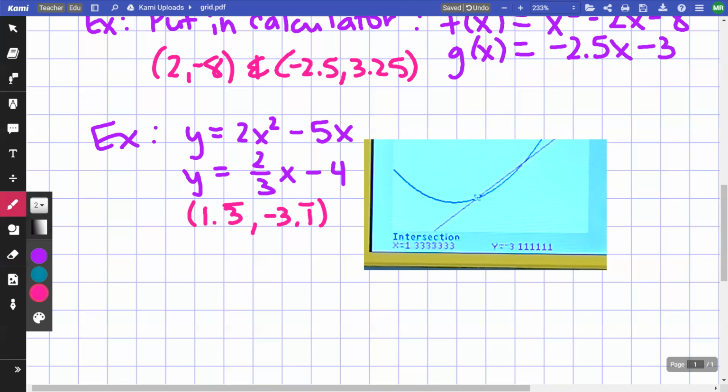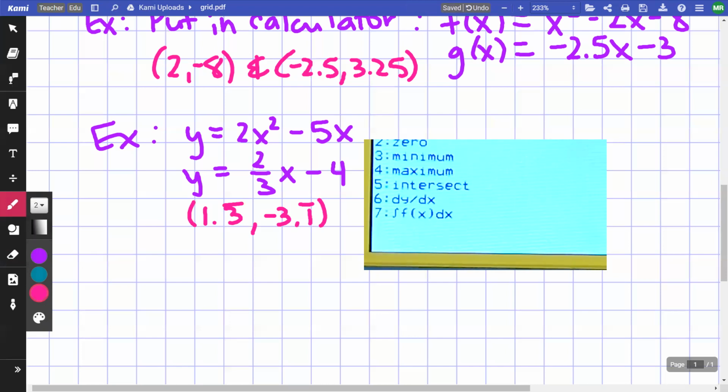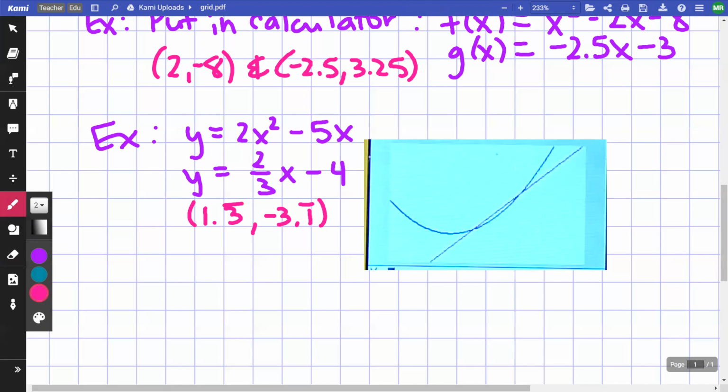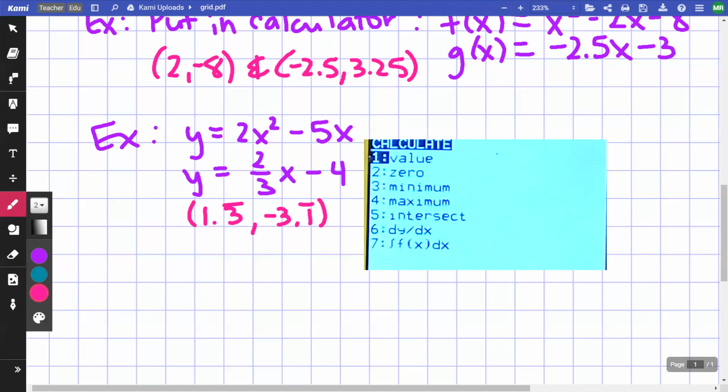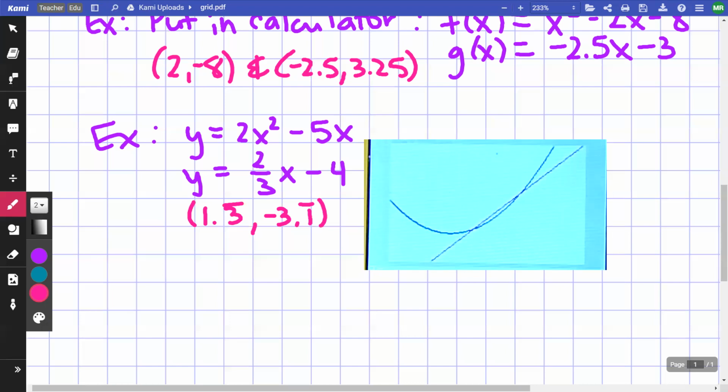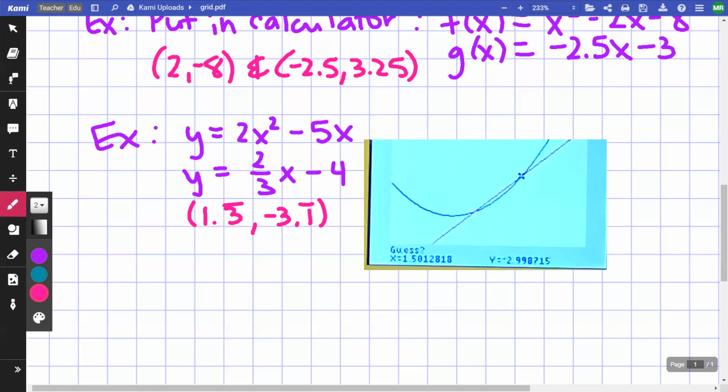To get to the other one, again, I can do second and calc again. I want number 5, intersect. I'm going to hop up to the line and go on the line instead of on the curve. So I just arrowed up. Hit enter. Hit enter.